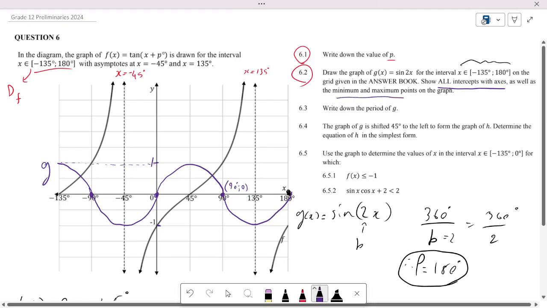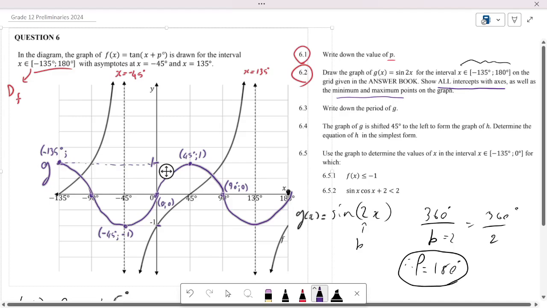This maximum over here is going to be 45 degrees and +1. And this is going to be 0 and 0, remember, it's the origin. This point here, which is the minimum, is going to be -45 and -1. This point over here is going to be -135 degrees and +1.